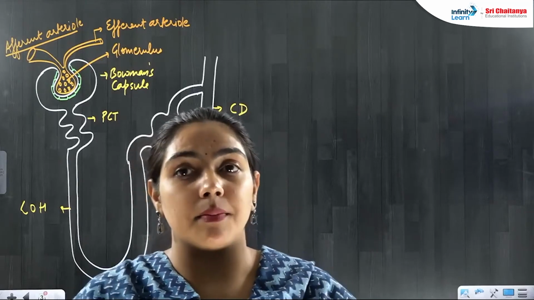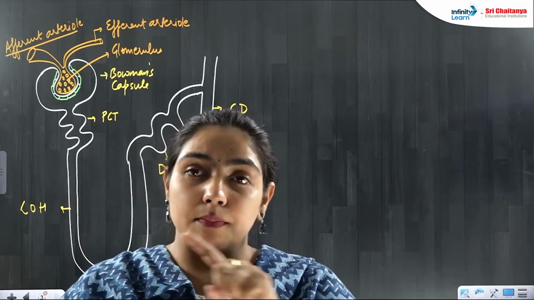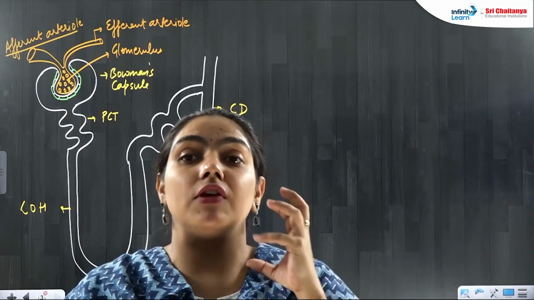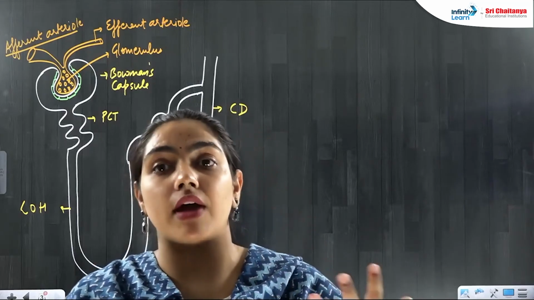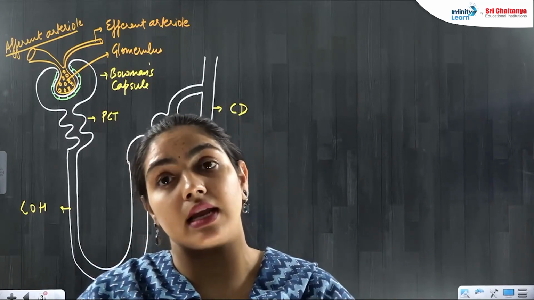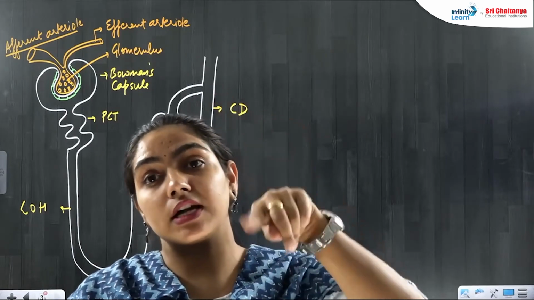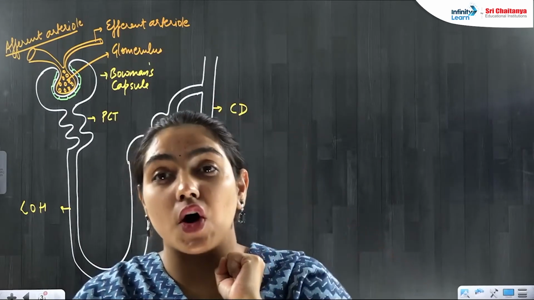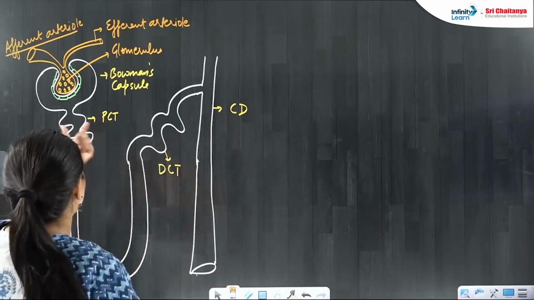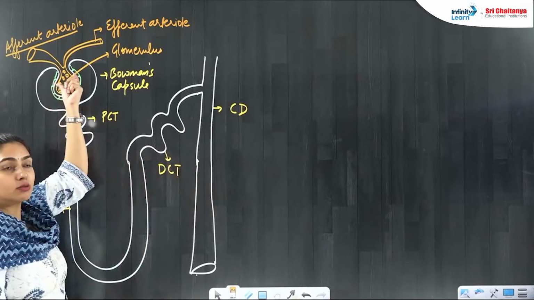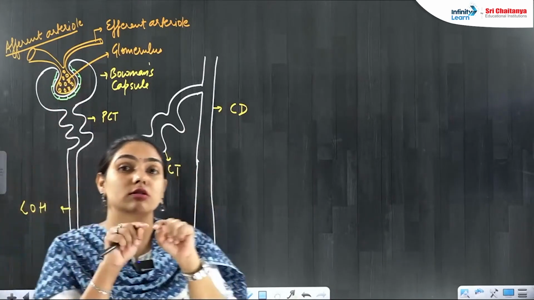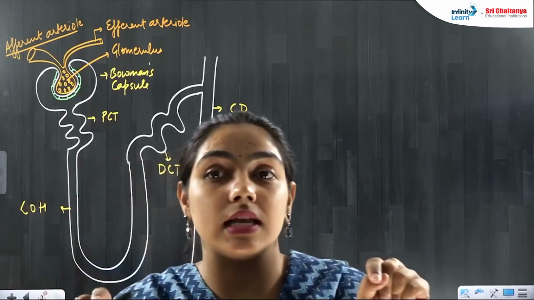If we say simple squamous epithelium forms a filtration membrane, you should know where it forms it: in the nephron. Here blood capillaries will be there, and blood vessels are also lined by simple squamous epithelium.